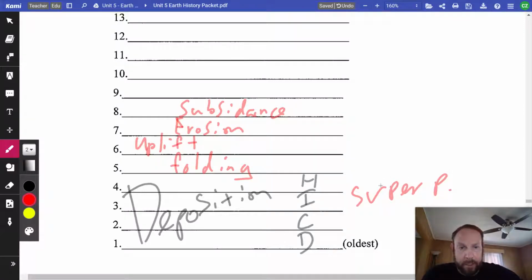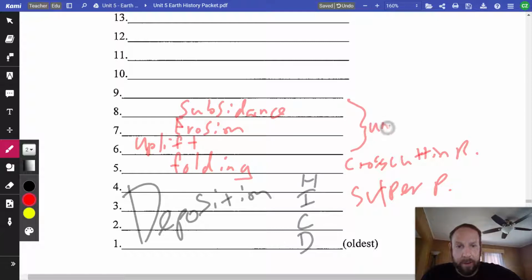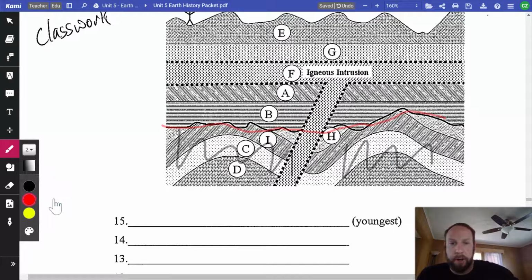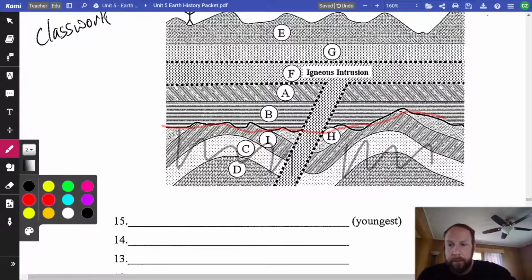This is superposition. All right, the folding is cross-cutting relationships. These three are the unconformity. All right, now we're back underwater after the unconformity, and sure enough, we see a different color.